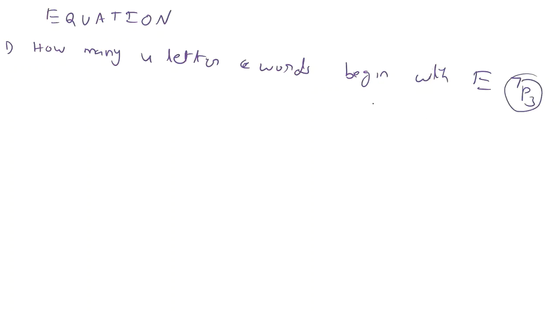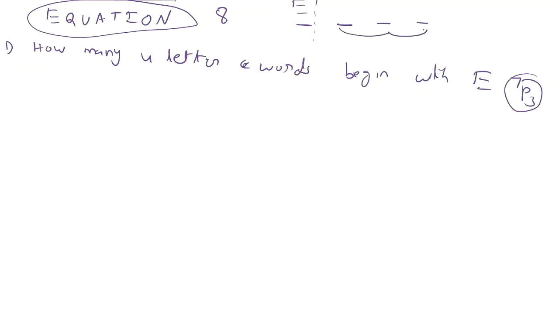So why do we have this 7P3? On the whole we have 8 letters, and we have to fill these 4 blanks. We fill the first blank with E. After filling the first blank with E, we are left with 3 blanks and 7 objects. Therefore the number of ways of filling these 3 blanks using these 7 objects is going to be 7P3.